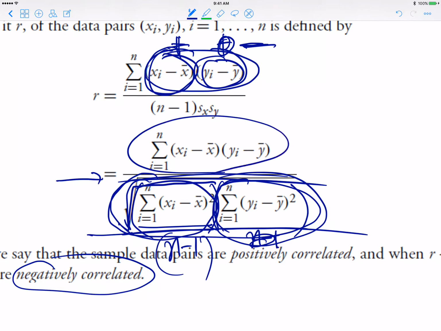And then we also have this term, divided by n minus 1. So actually in the numerator and the denominator, we divided by n minus 1, which is the same thing that we did when computing the sample standard deviation or the sample variance.